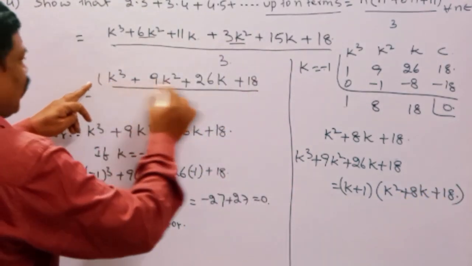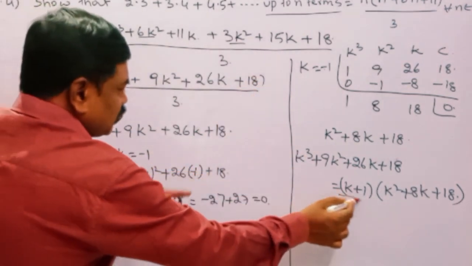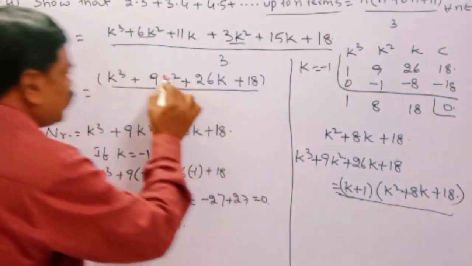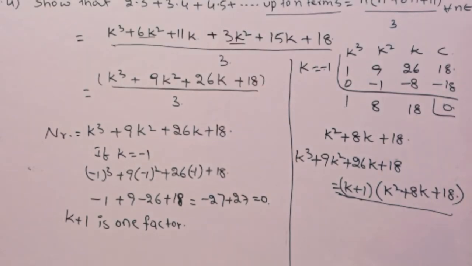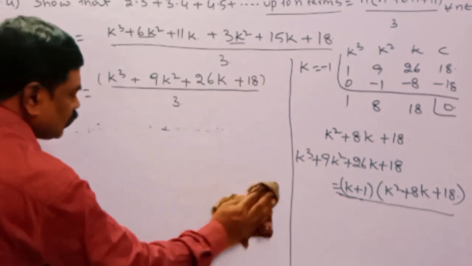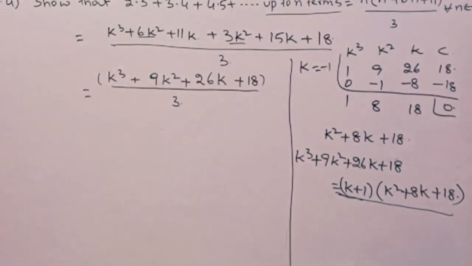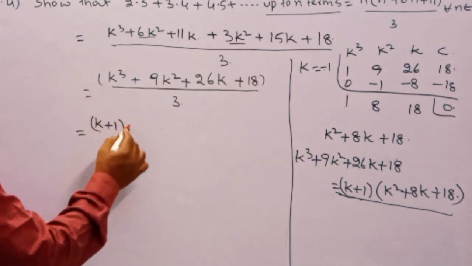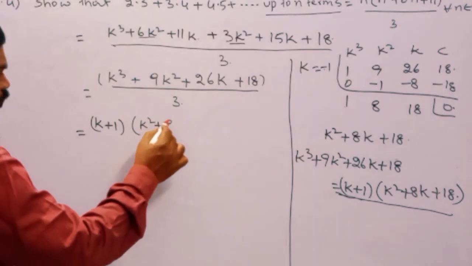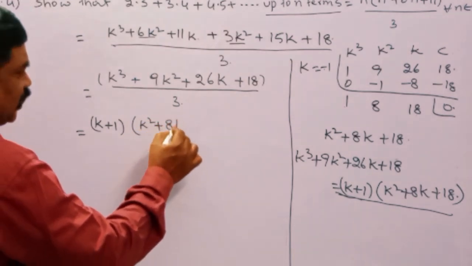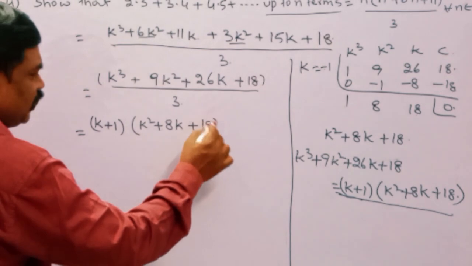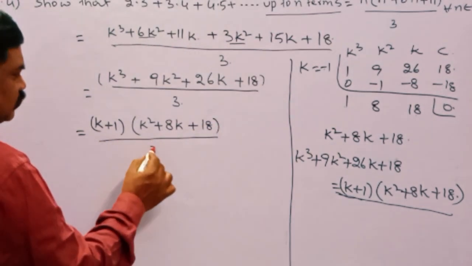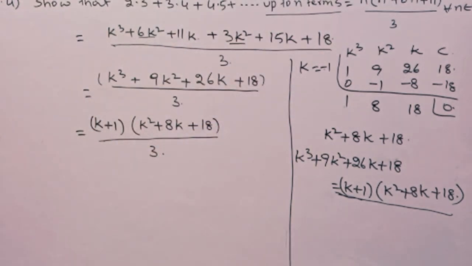You have to write this one here. So here this is k plus 1 into k square plus 8k plus 18 by 3. Okay, all of you.